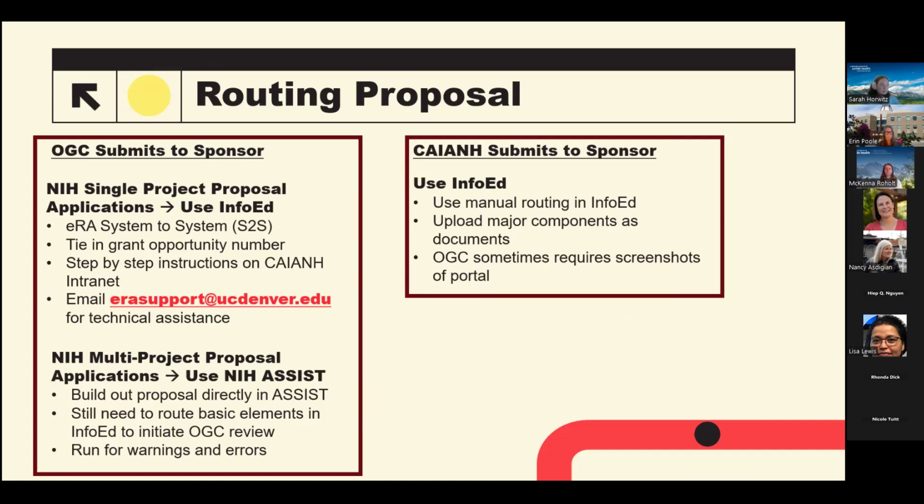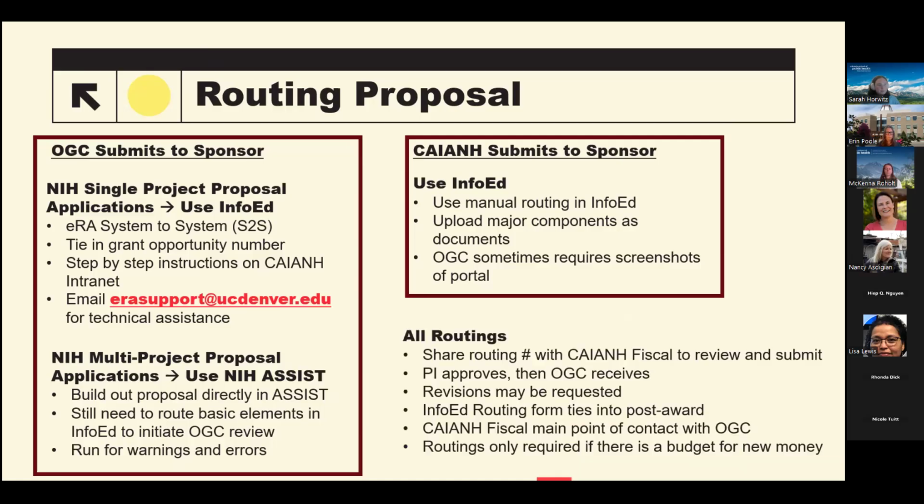So then for all routings, what we'll do, which both McKenna and Aaron have mentioned, is that for the most part, the PI or the proposal project manager will be the one to route. Sometimes Cayenne Fiscal will be putting in the information in InfoEd. It really depends on how those roles are initially delineated during that planning phase.